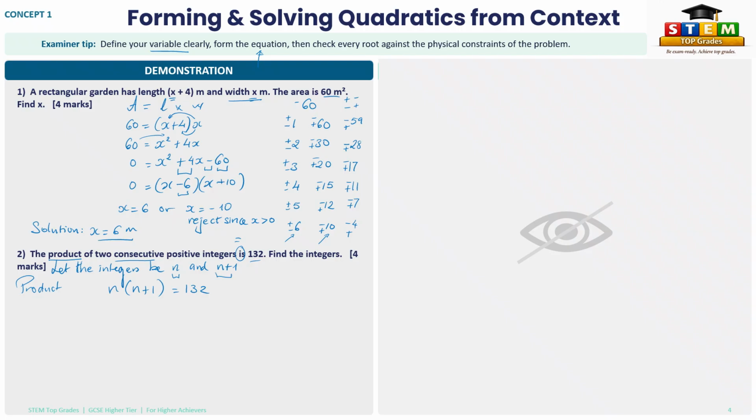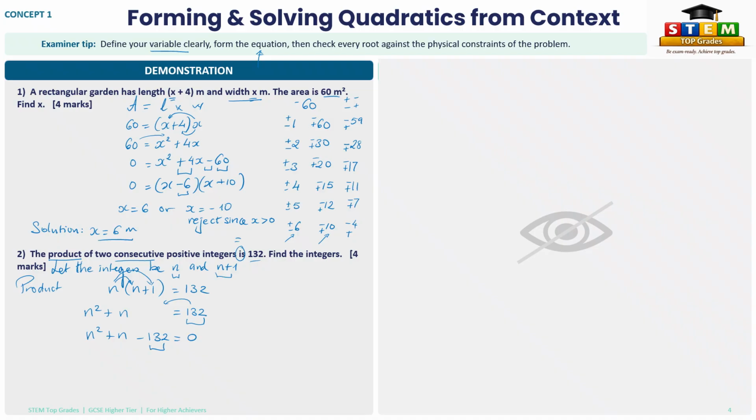Now we will need to expand the brackets first, so that's going to be n squared plus n is equal to 132 on the right hand side. Now we're going to have to move that 132 to the left hand side, and that means n squared plus n minus 132 equals 0. Remember, you've got to get 0 on one side of the equation for you to be able to solve that.